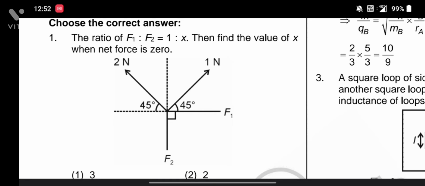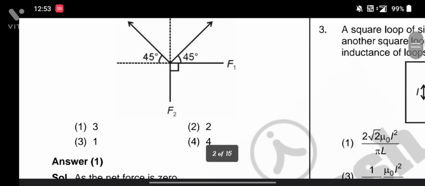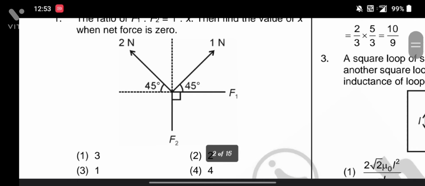Then find the value of x when the net force is 0. The options they have given are 3, 2, 1 or 4. Let us see which number is the answer. Let us solve.